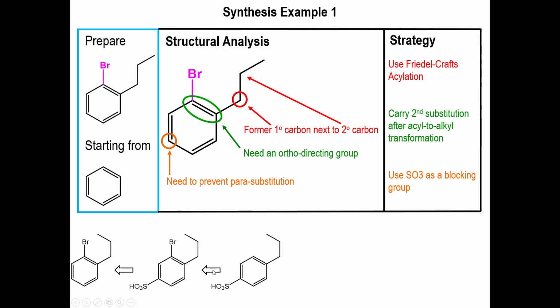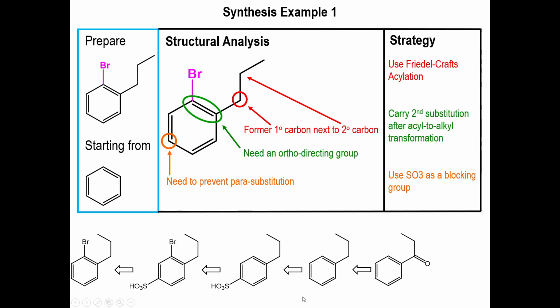And after you do that, you can react this molecule in dilute sulfuric acid to remove the sulfonic acid group from the ring, yielding the final molecule. Now, as far as generating this thing, it would just be the alkyl, the propyl benzene derivative, reacting with oleum to give you the sulfonic acid derivative.